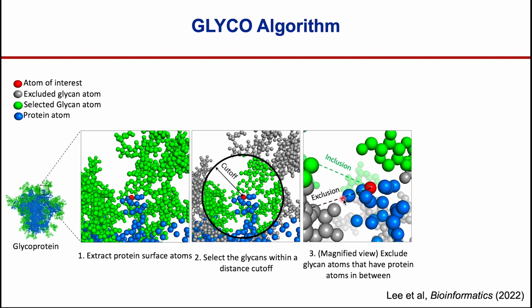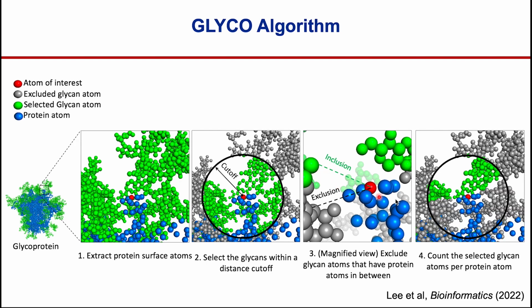If it is blocking this vector line, then the associated glycan atom will be excluded in the calculation. However, the ones that do not have any protein in between will be included in the calculation. The algorithm collects just the green ones that actually give the shielding effect to the protein surface and counts the number of glycan atoms. That is our definition of glycan coverage.